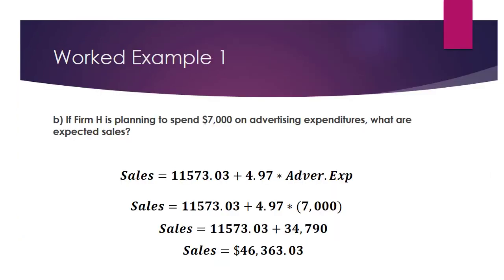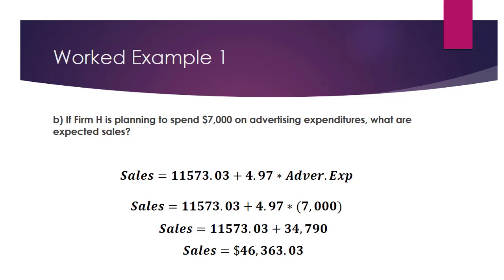In our sample, if firm H is planning to spend $7,000 on advertising expenditures, what is your prediction of this firm's sales? Well, first we have to write down the estimated regression line as we did in part A. This tells us how to make predictions for sales based on some firm's advertising expenditures level. All we have to do is insert the firm's spending level here and calculate the value for sales.